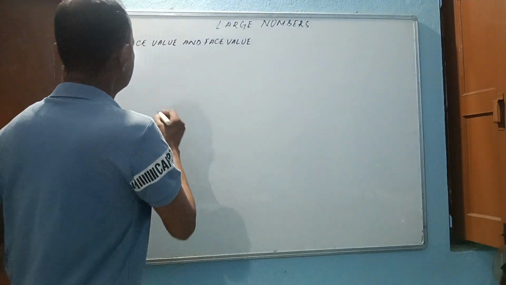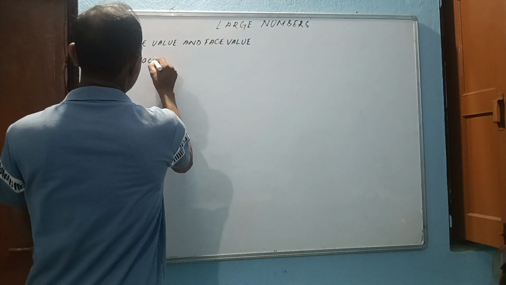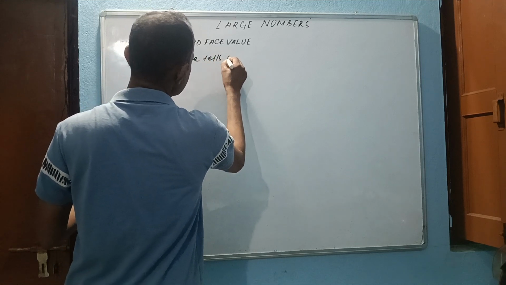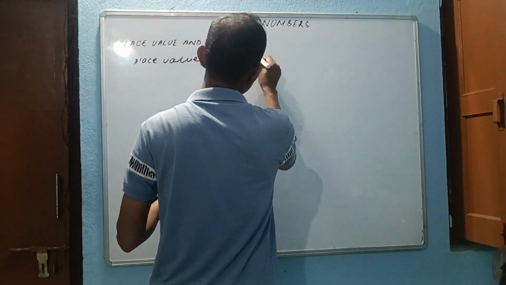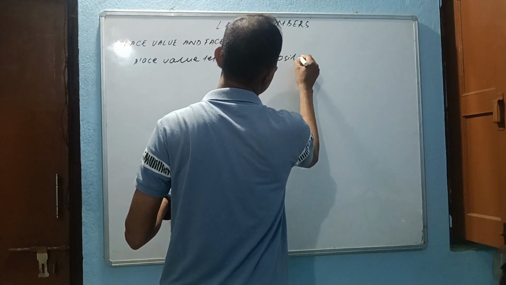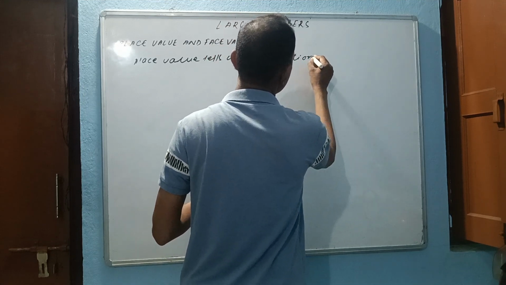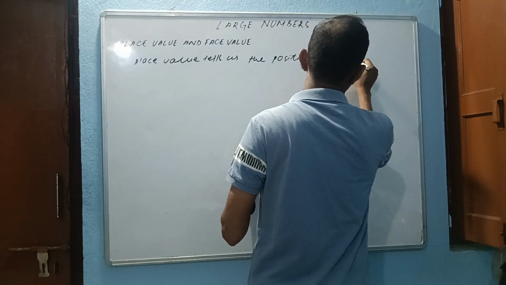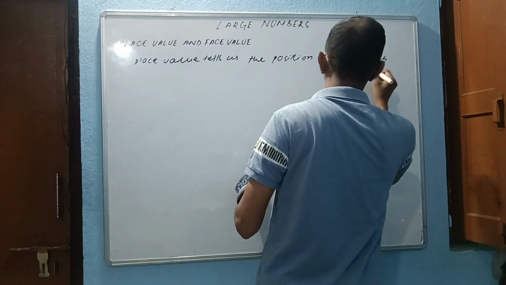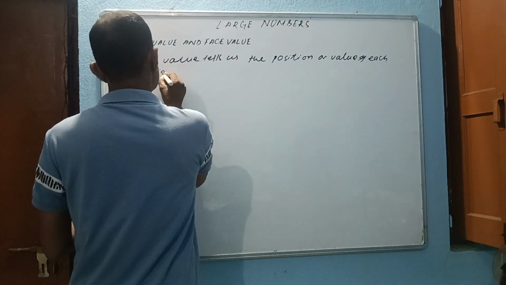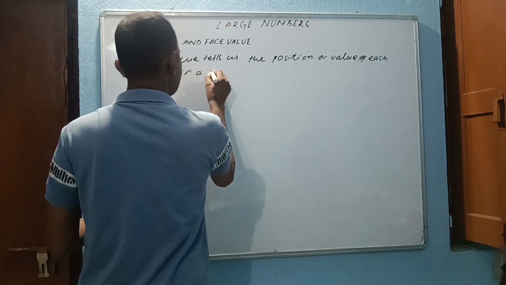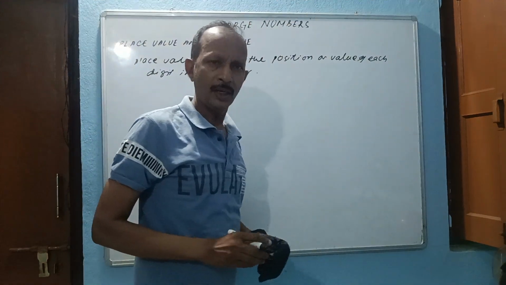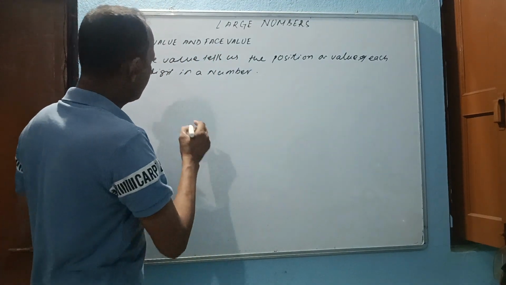You see that place value tells us the position or value of each digit in a number.